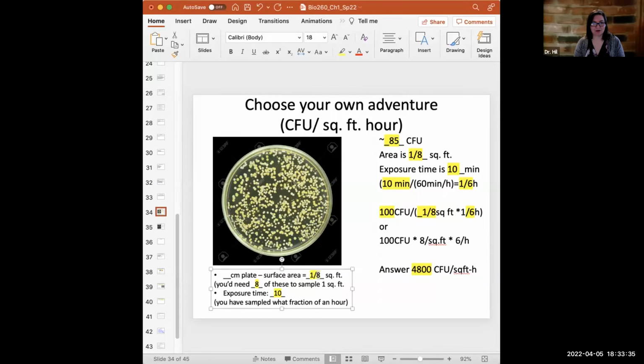I love it. Let's put in a quarter of a square foot. Okay, so let's imagine that the size of this plate was a quarter of a square foot. And give me an exposure time. 30 minutes. Okay, so what fraction of an hour is that? Half an hour. Okay. All right.